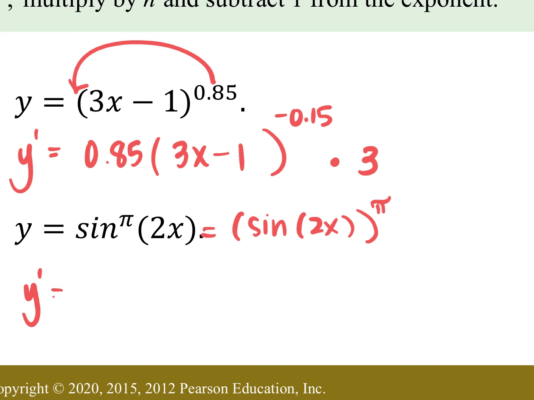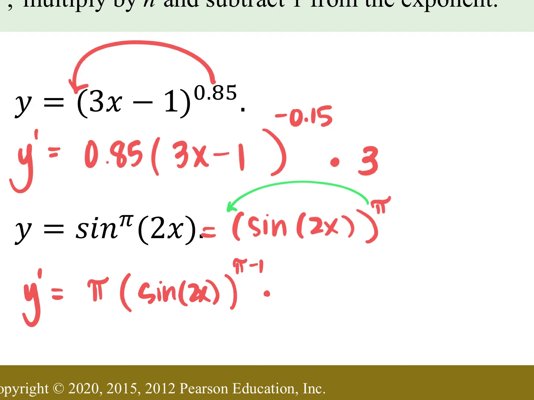And so the rule is still the same. We still pull the pi to the front and we subtract 1. So my derivative will be pi in front and pi minus 1. Even though pi is an irrational number, 3.14159, now it's going to be 2.14159 because we've just subtracted 1 from it, but it's just better to write pi minus 1. And then the inside remains unchanged.